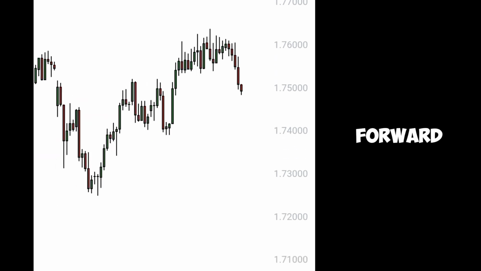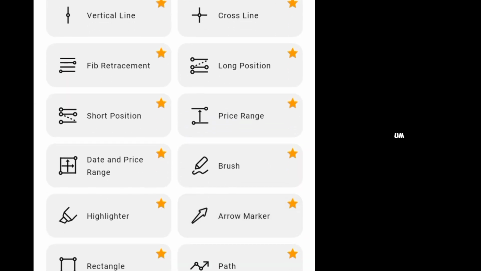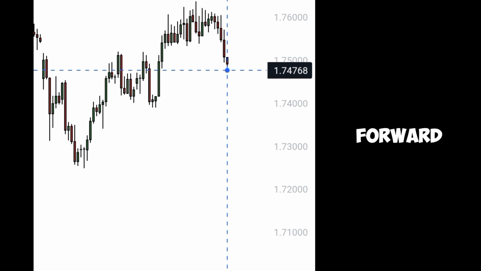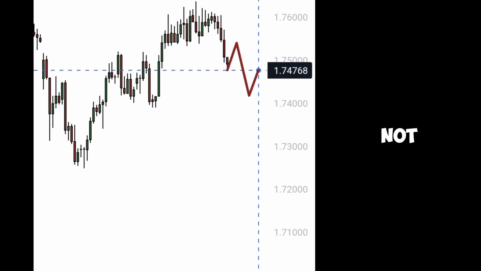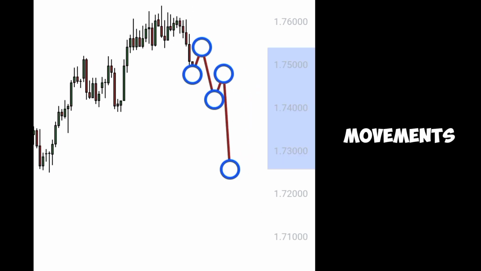So I start looking for the market to make a push to the downside. Since the market does not move in a straight line, I want the market to make movements like this towards the downside.